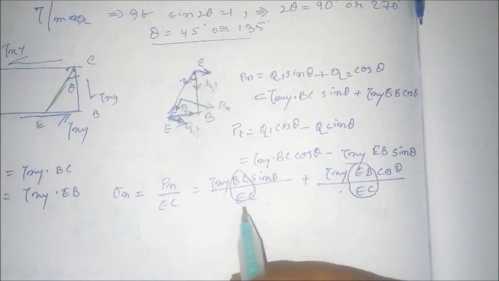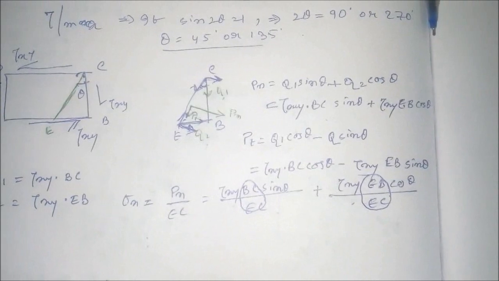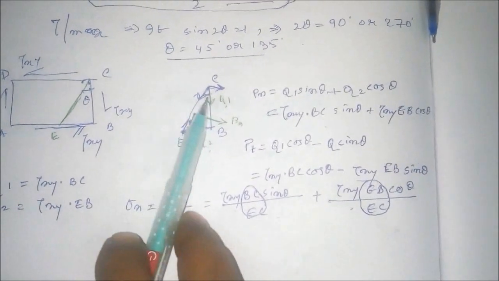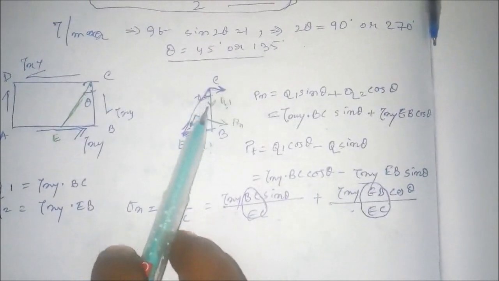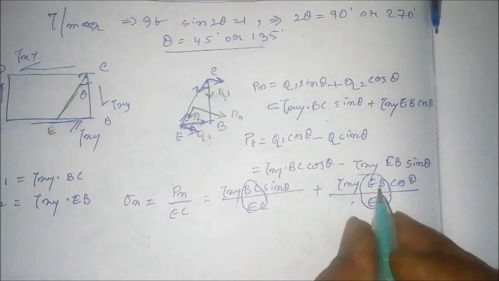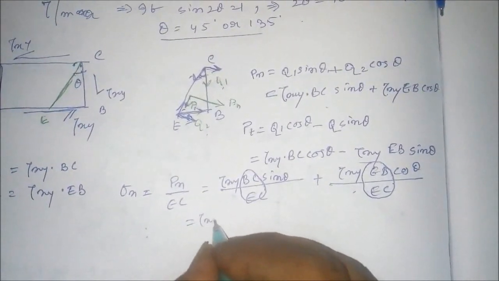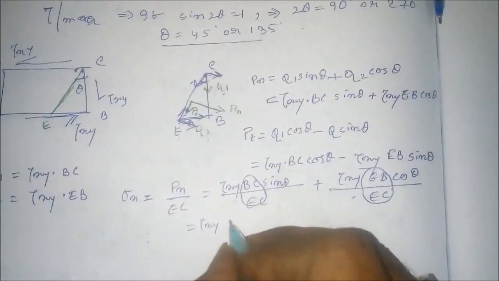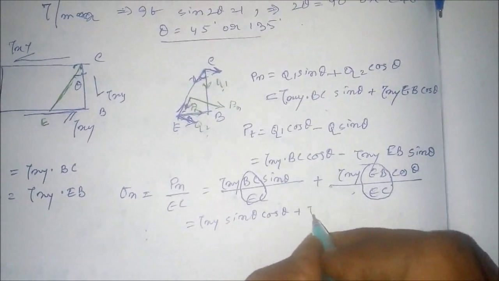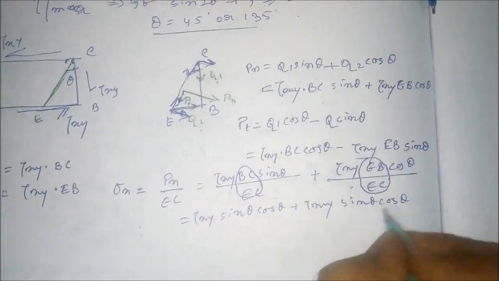Now again we are getting BC by EC and EB by EC. Basically, BC by EC for this particular triangle, if this is theta, is cos theta, right? And EB by EC will be equal to sin theta. So basically we are getting tau xy sin theta cos theta plus tau xy sin theta cos theta, right?